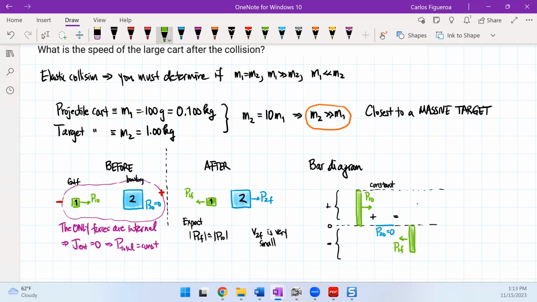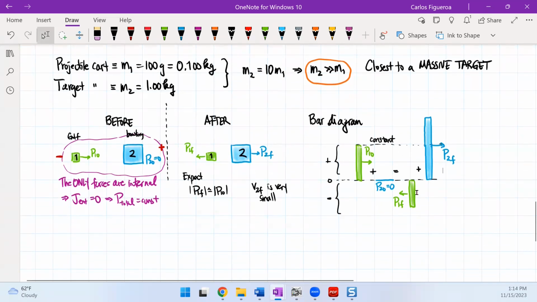And then what this tells us is that the momentum of the bowling ball has to stop the initial momentum, and then it has to increase to speed up the ball again. So therefore, the lion's share of the momentum has to be with the bowling ball going to the right.